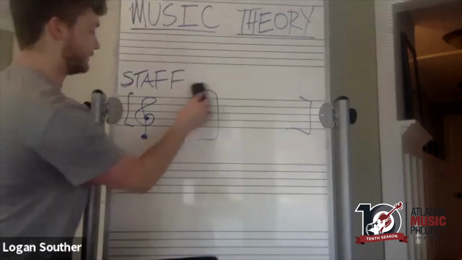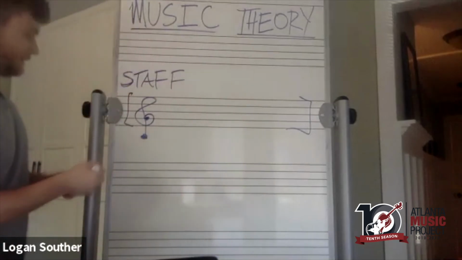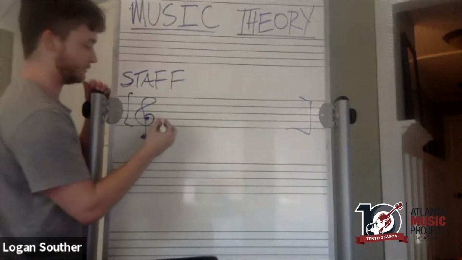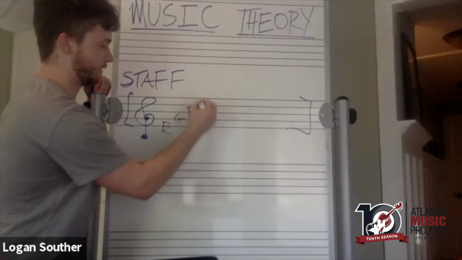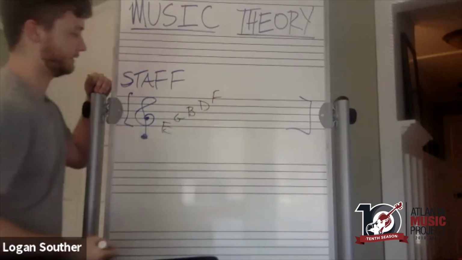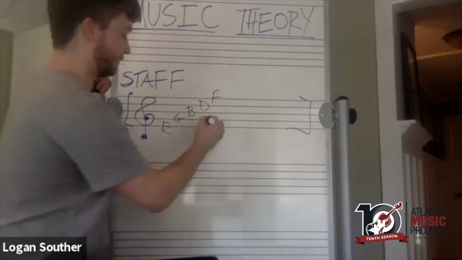So we learned about, just to finish our review in the last couple of minutes, the lines. In treble clef, we have every good boy does fine. Space equals face in treble clef.